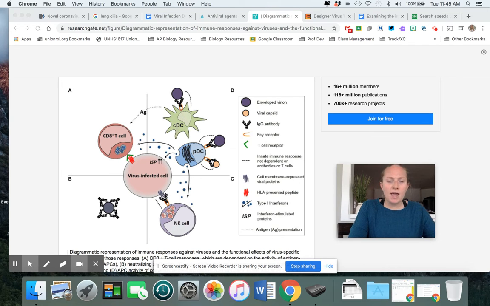So here we have in the middle a virus-infected cell. This is a cell like we just saw, like your lung cell. It's infected with coronavirus. There's a lot of viruses building up. Once a cell is infected, it releases these things. See these blue and red things? These are like little flags that your cell has.